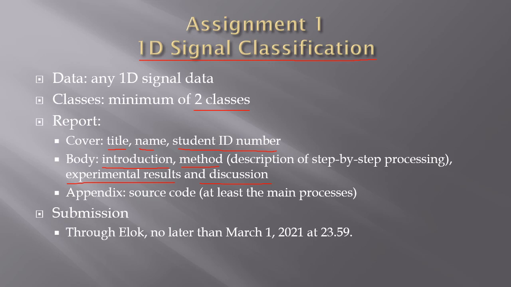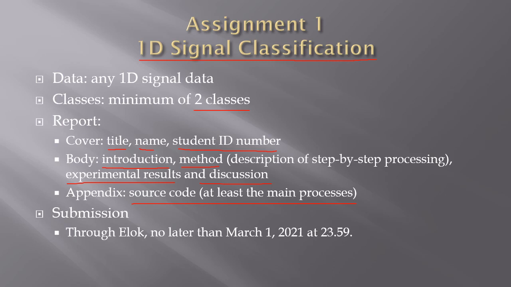It would be nice if you could follow the basic processing or the generic processing step. How you acquire the data, how you pre-process the data, and so on. Okay, and then the appendix. The appendix consists of your source code, but the minimum thing is only the main processes.